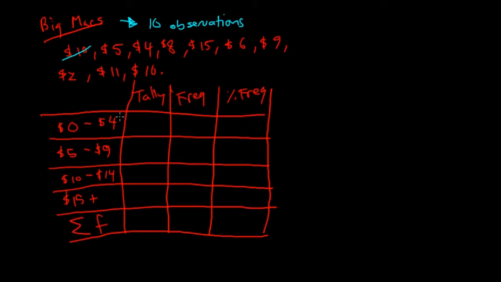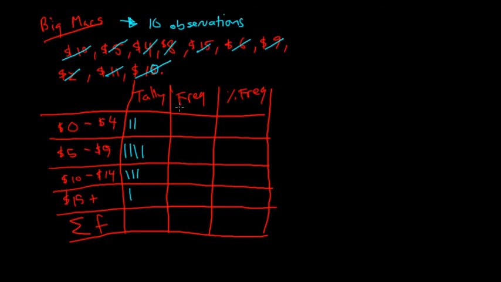So this $10 observation would go down here, $5 would go in here, as it's 5 to 9, $4 would go in here, as it's 0 to 4, $8, and we just keep doing this until we have exhausted all of our observations, and we'd come out with our nice little data table. So this last figure is 10.